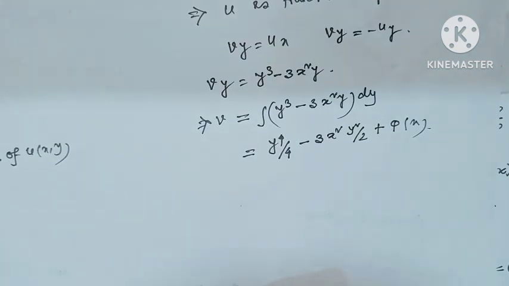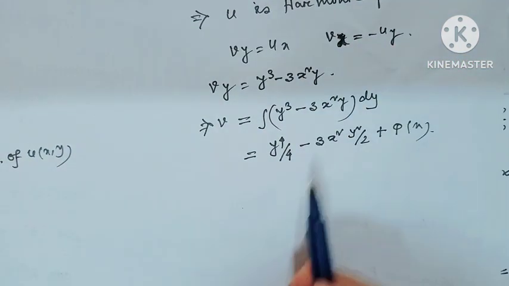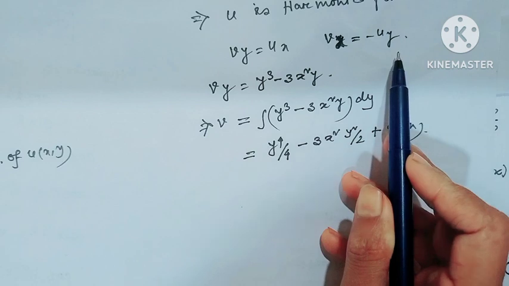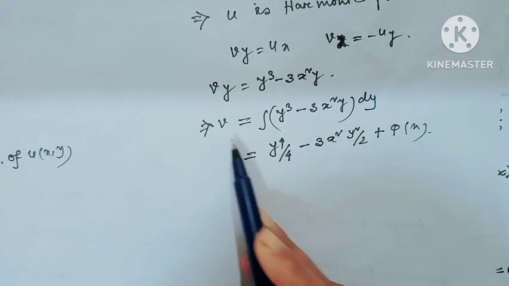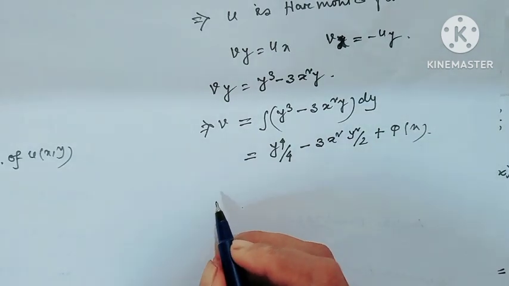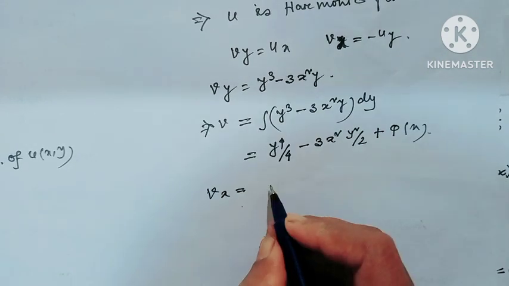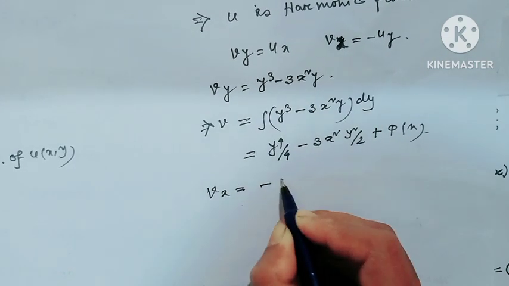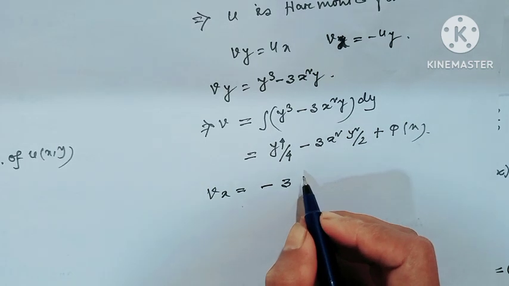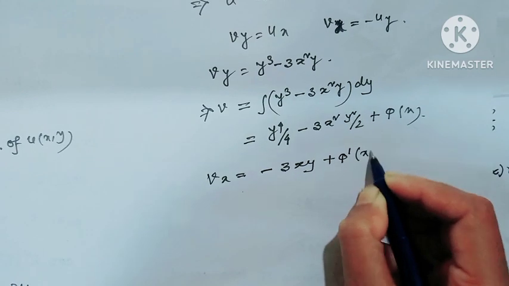Now, differentiate with respect to x, sorry, here v_x equal to minus u_y. Since v_x equal to minus u_y, differentiate this v with respect to x. Then v_x equals 0 minus 3xy square plus phi prime(x).